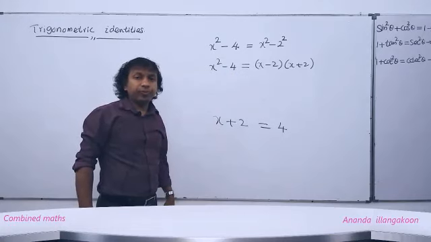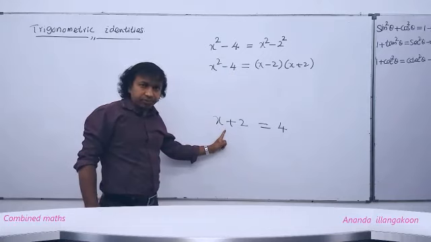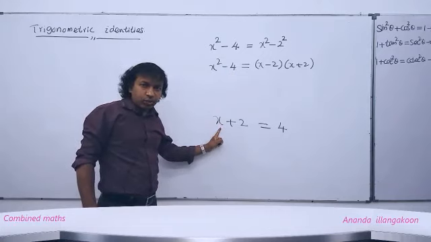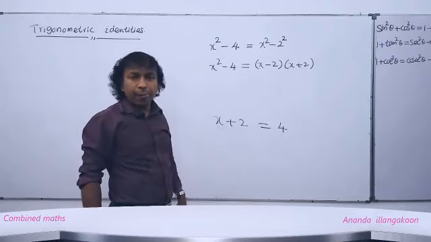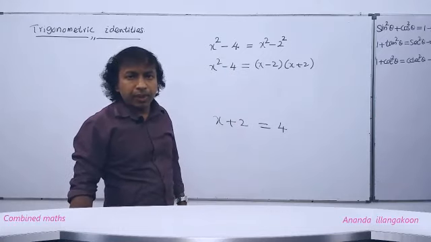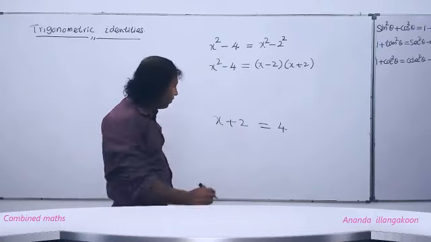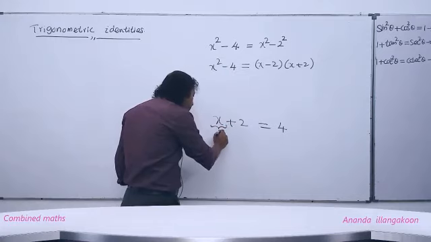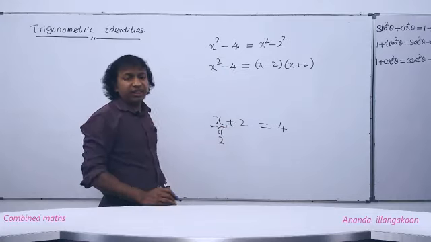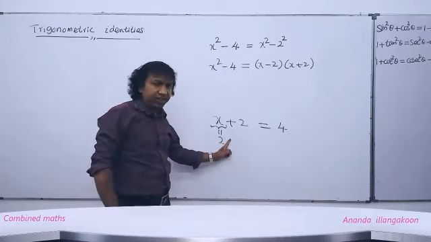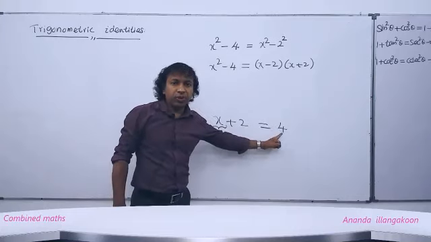In this one, the left hand side is x plus 2 and it is equal to 4. You know, only when x takes 2, the left hand side will be equal to right hand side.